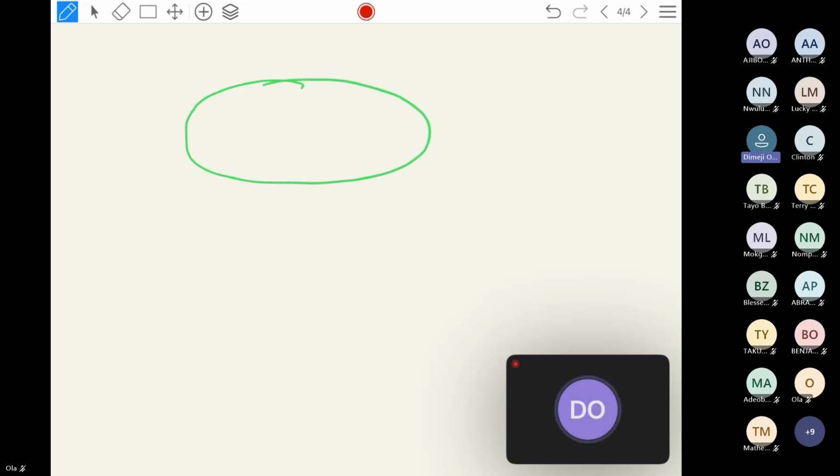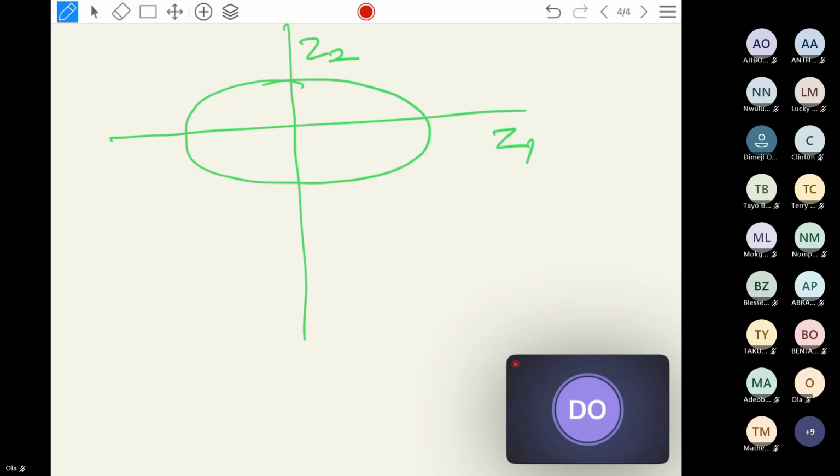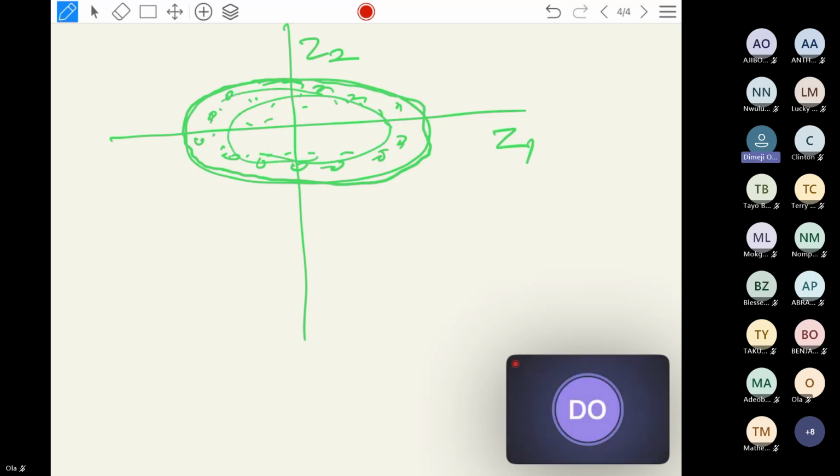Whatever you have on your graph, Z1 and Z2, if you have scattered values, the ellipsoid captures all the values. So whatever value is within this, the solution accommodates for it.